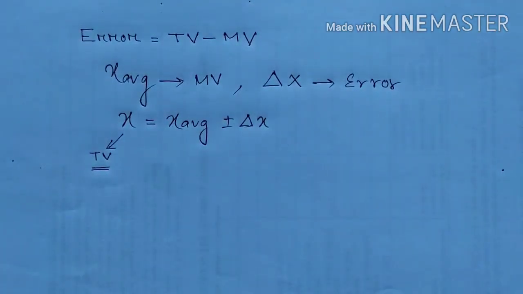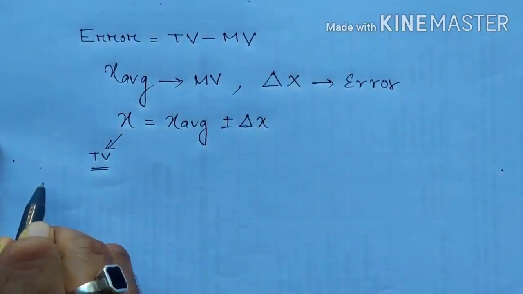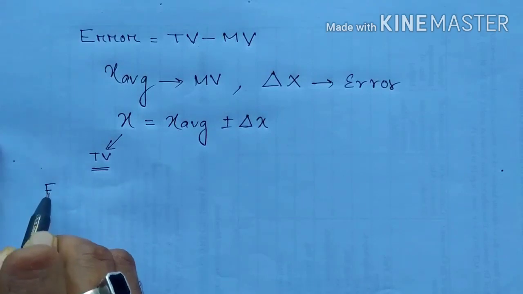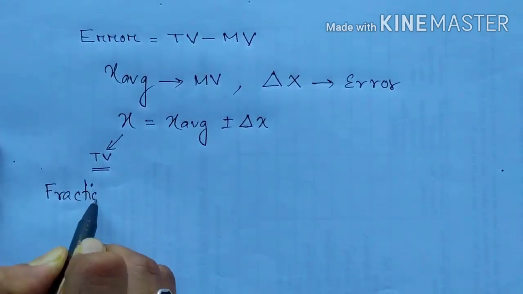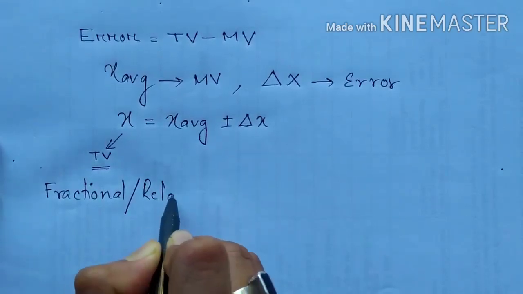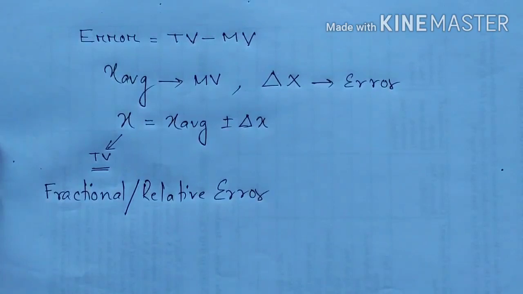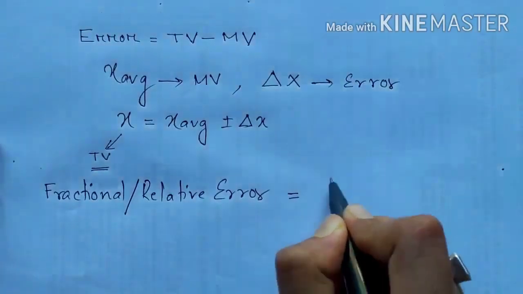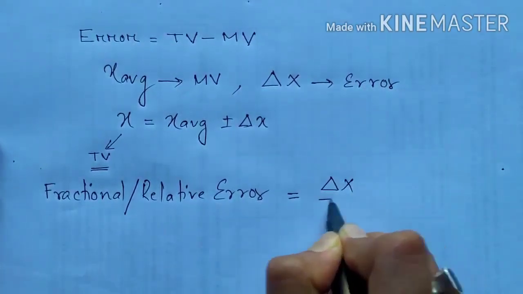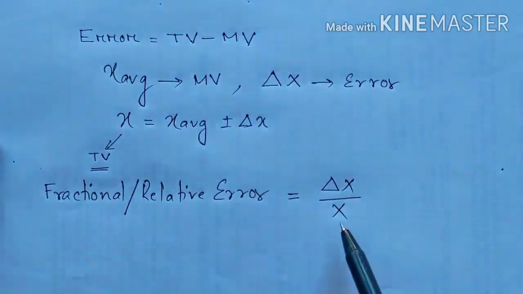Thereafter, we have obtained the expression of fractional error or relative error, and this was simply delta X by X, where this delta X represents the error and this X represents the true value.